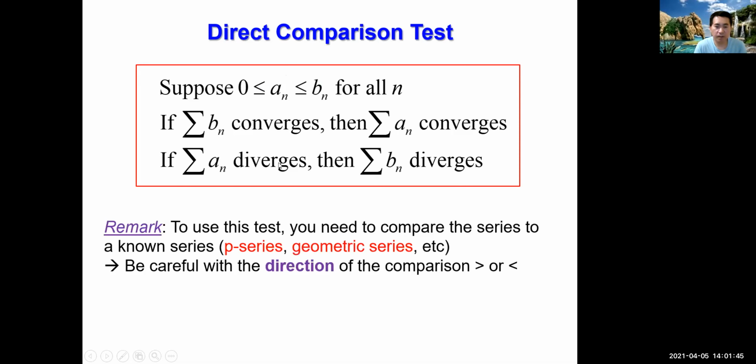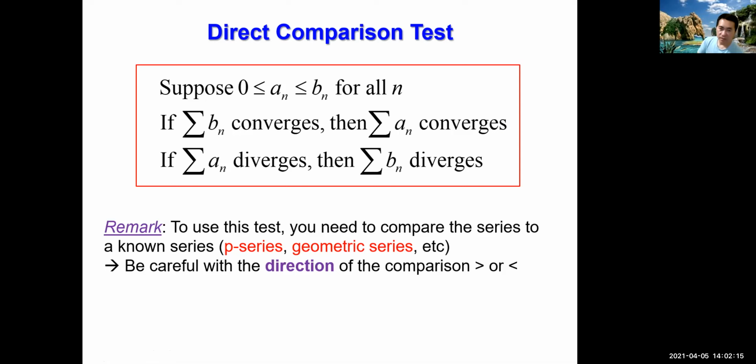Okay. Now, in order to use this test, you see that you have to figure out how to compare the series we are testing with a series that we know. Right? So one series given, one series need to find. So to find that known series, we often compare that to the p series or geometric series, those series that we know whether they are convergent or not, right?